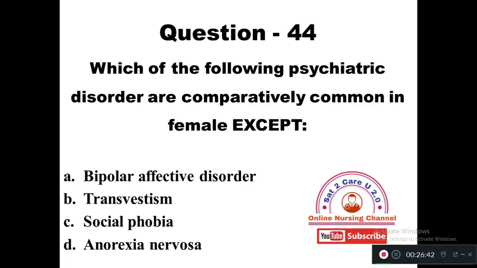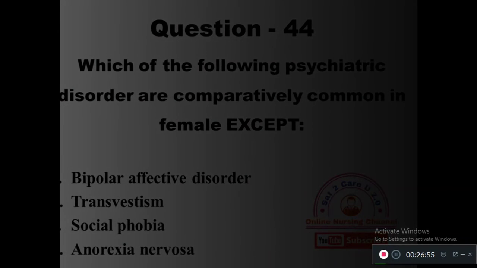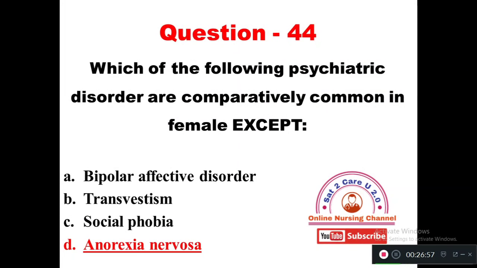So the disease most commonly present in females will be anorexia nervosa, but here they ask for the exception. So when it is except, the right answer will be transvestism.